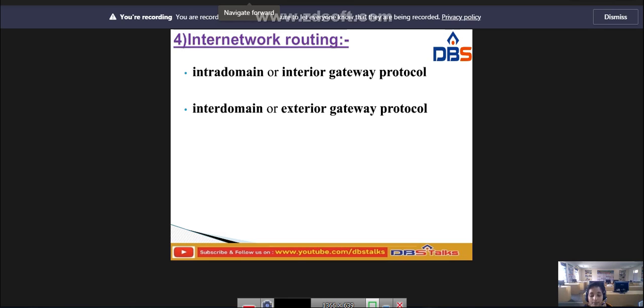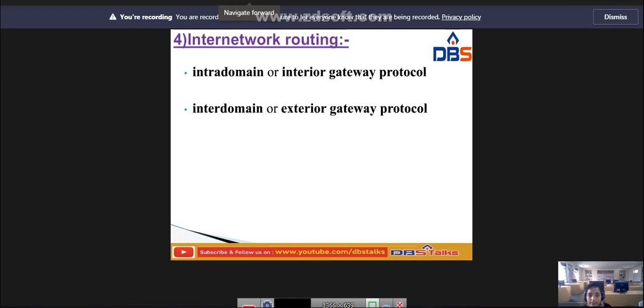The networks may use different intra-domain protocols, but they must use the same inter-domain protocol in the internet. The inter-domain routing protocol is called BGP, Border Gateway Protocol. Okay, so this is called internetwork routing.